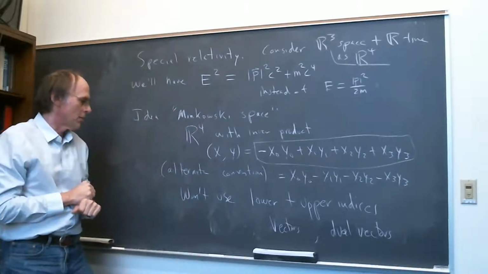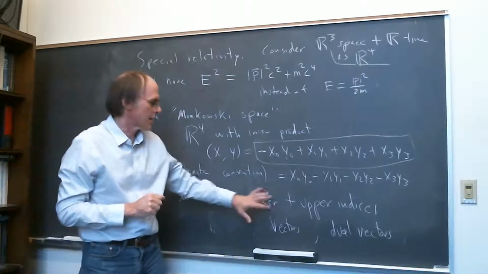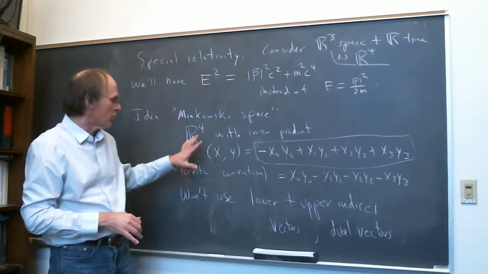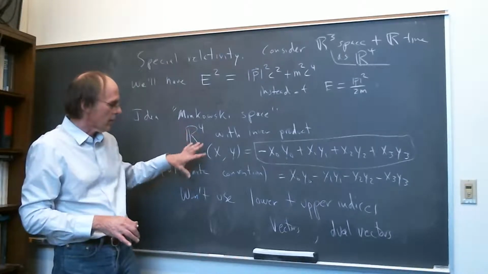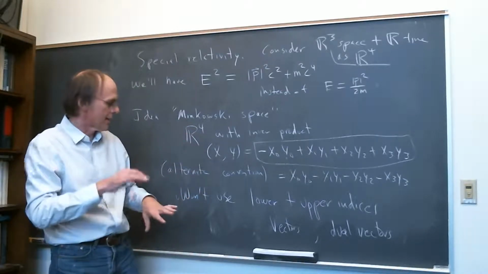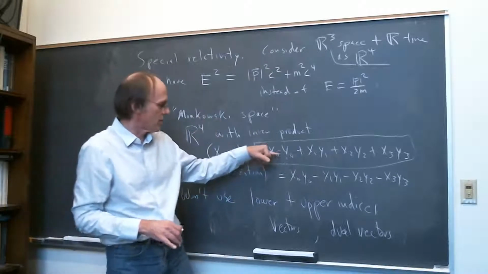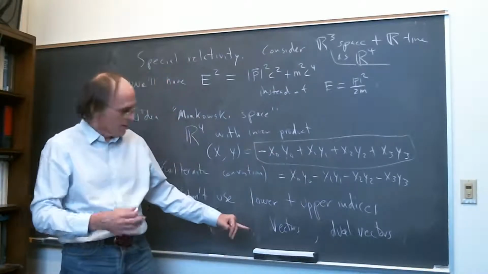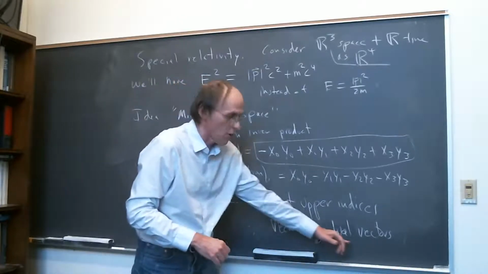And so people like, in this subject, to take over that formalism from curved space and to write down all sorts of formulas involving upper and lower indices, which correspond to talking about coefficients of vectors or covectors.